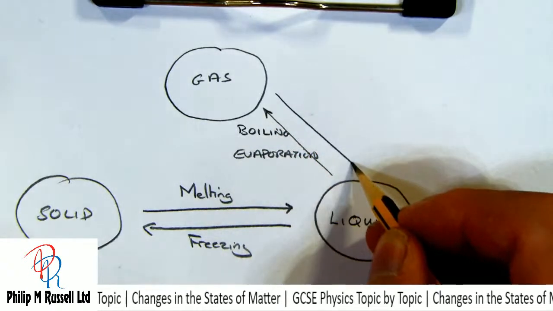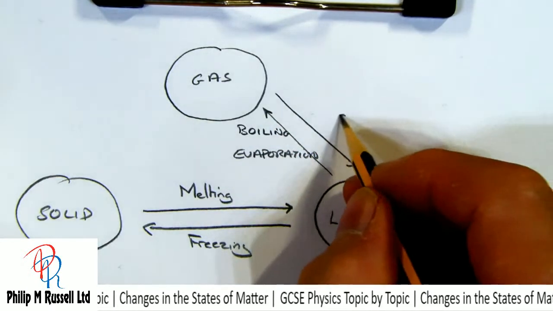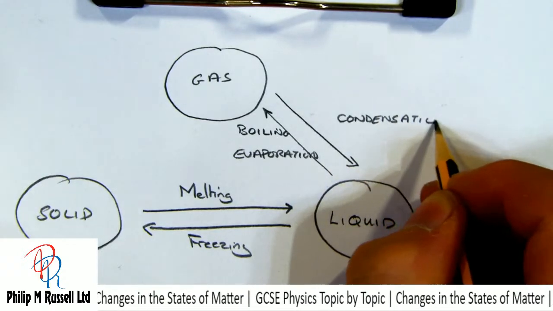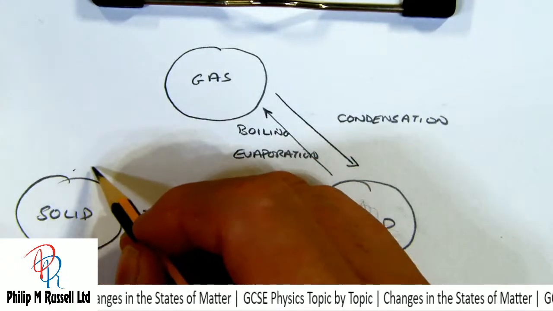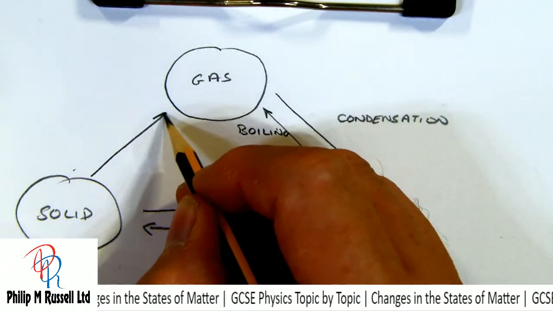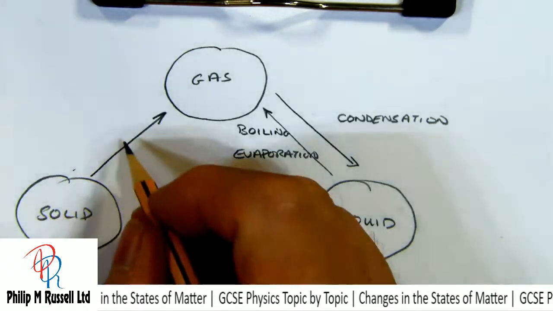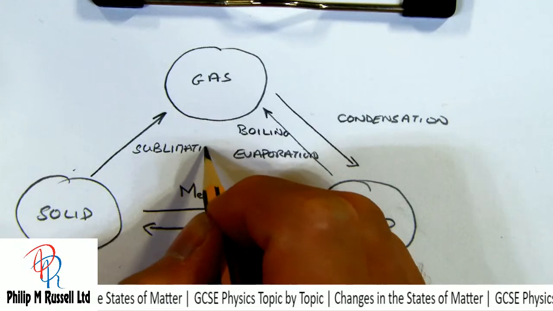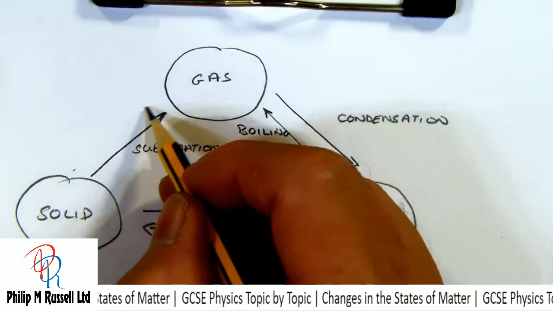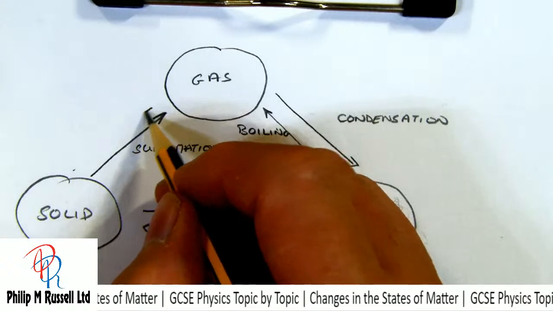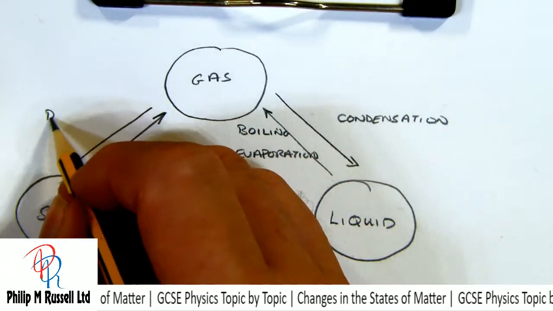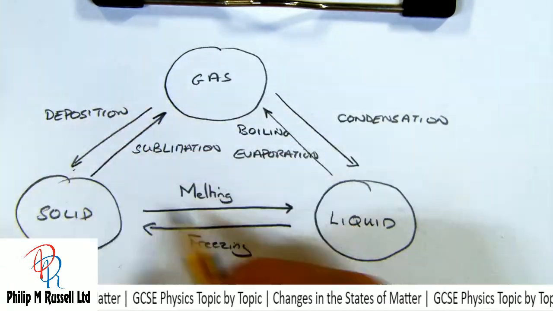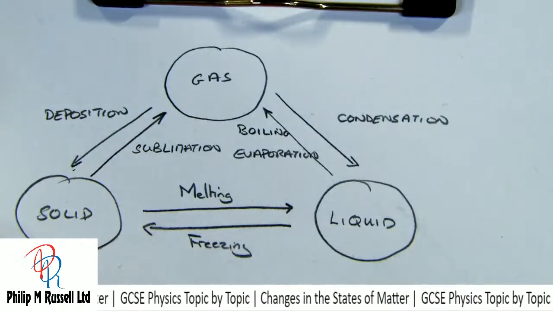We can take a gas back down to a liquid, and then we can take a solid to a gas, and this is sublimation, such as iodine, that would turn directly from a solid to a gas, and deposition, where we get our gas straight to our solid.